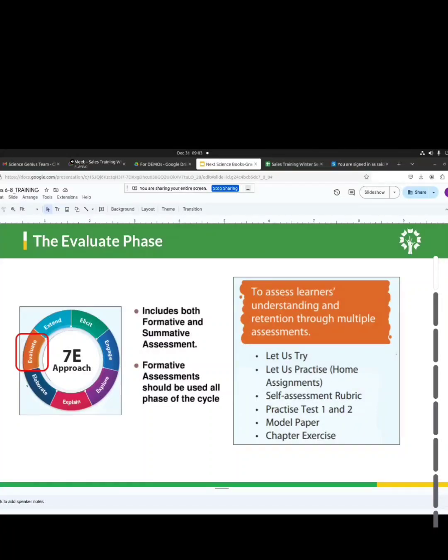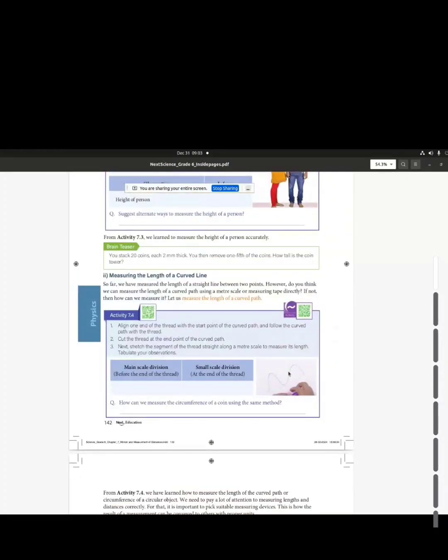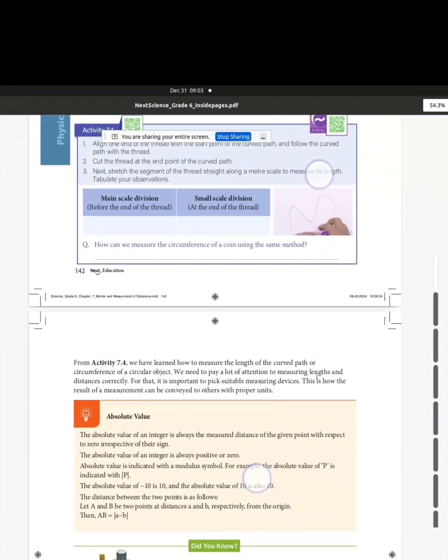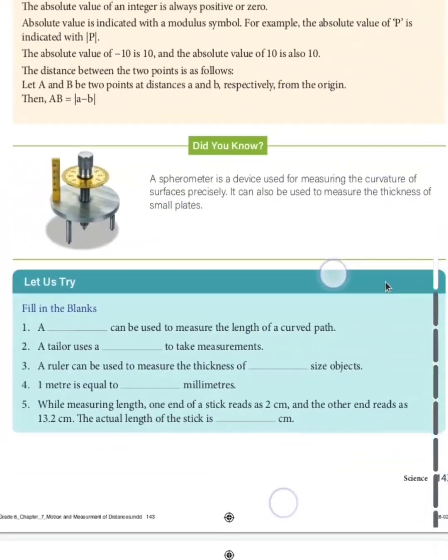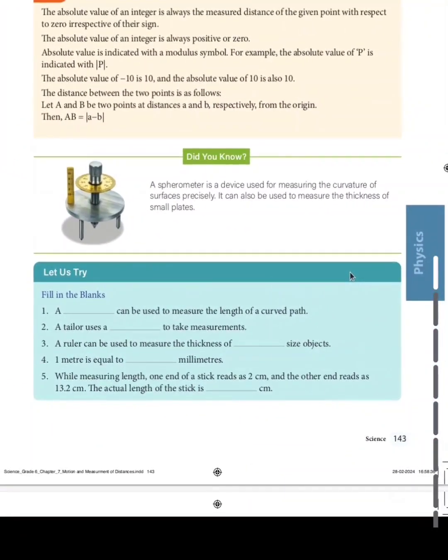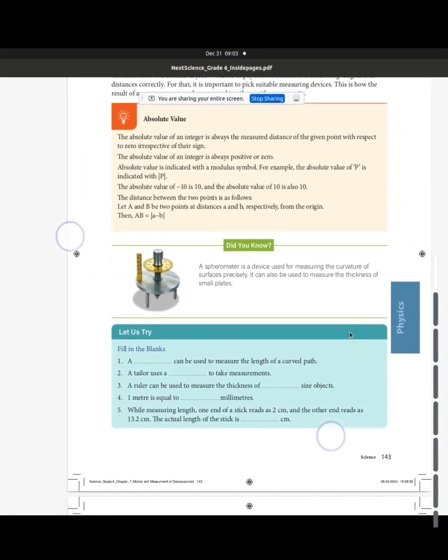There are many. So let us try. I'll show you how a let us try looks like. At the end of each and every concept, there will be a let us try section in the form of objective type questions like fill in the blanks, true or false, correct the underlined words, unscramble the words, analogies, etc. So there are many formats in which we have given this let us try section.